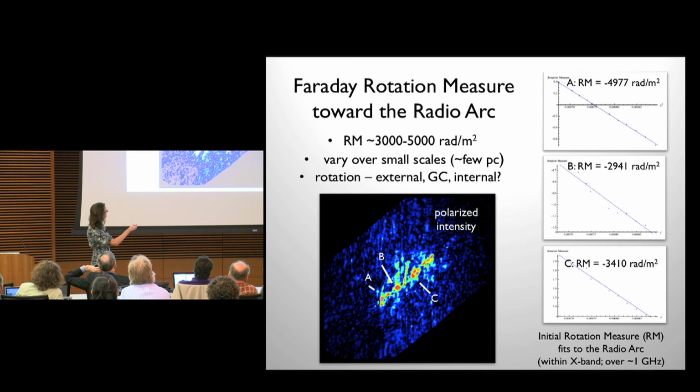And here is the rotation measure sampled at 3 different locations. So the rotation measure is changing over very, very small scales. One of the main goals of this research is to try to get a handle on whether this rotation is happening at the site of the filament, along the line of sight, and possibly even internally. And so it's most likely going to be a combination of all of those things.